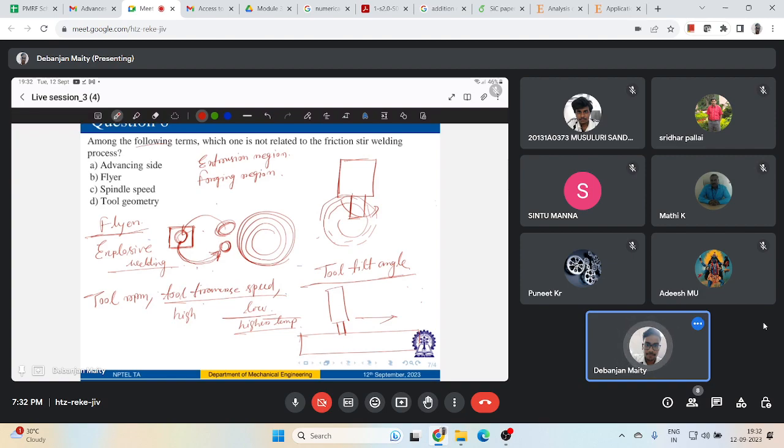Then what else do you have? You have the plunge depth also. This is important for producing a smooth weld surface. You can have shallow plunge depth, you can have deep plunge depth. What happens in shallow plunge depth? This is my shoulder, right? This interface is the shoulder interface.